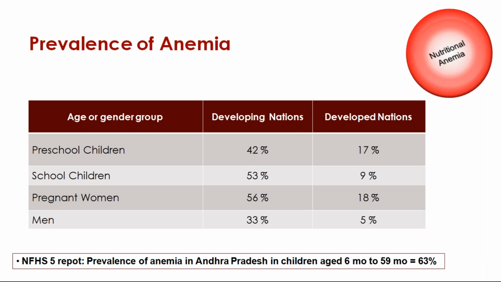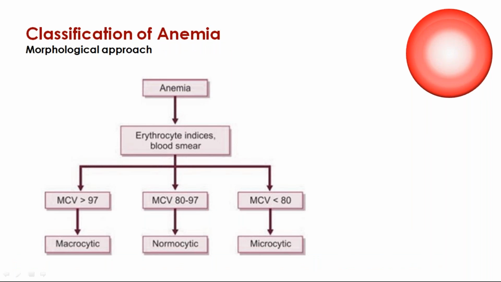As per the NFHS 5 report, the latest one, the prevalence of anemia between 6 months and 5 years is 63%, a 10% increase from the previous study. So please remember that prevalence is 63% in under 5.